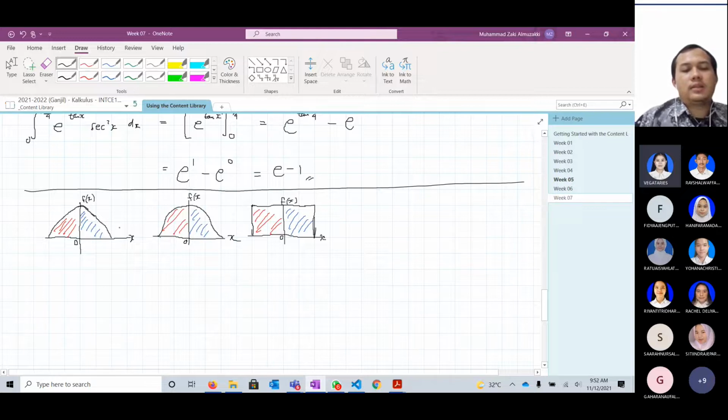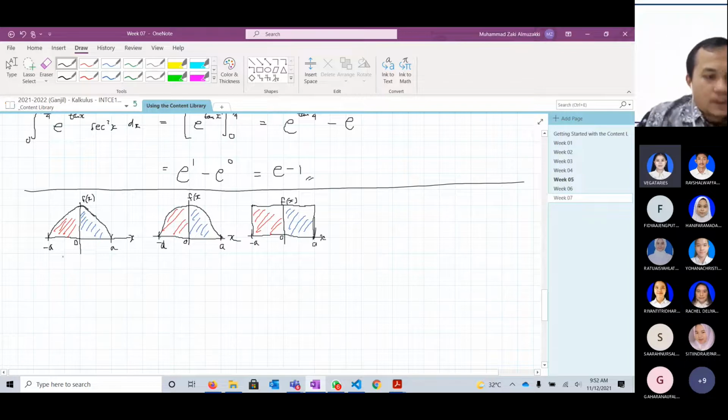Then in that case, instead of this, it is from minus a to a, yeah, minus a to a, also from minus a to a.